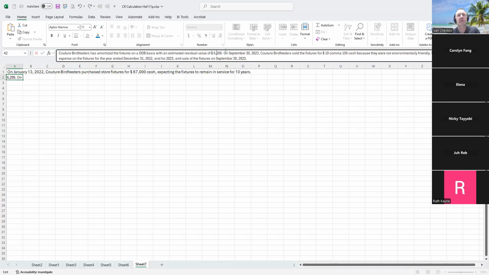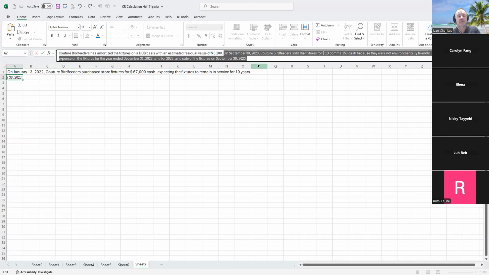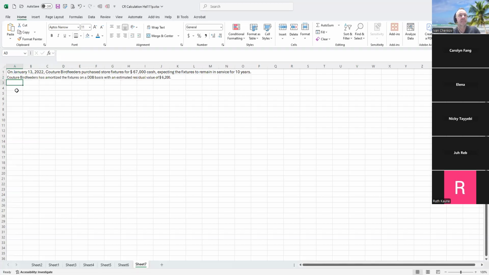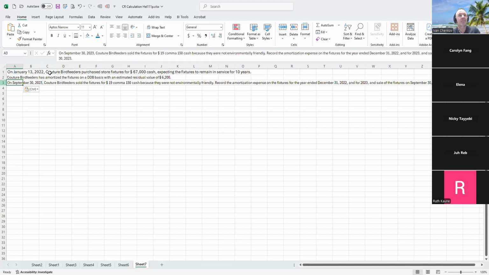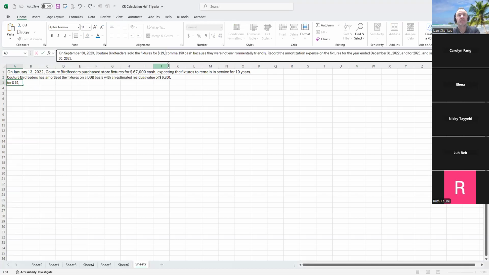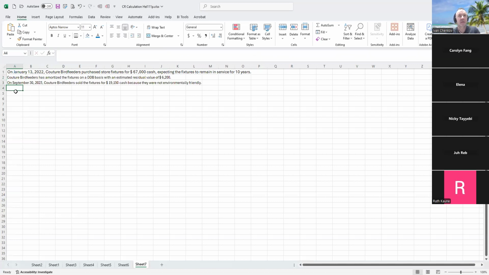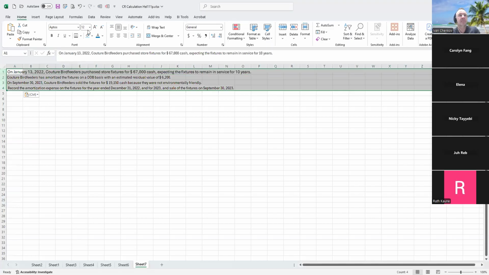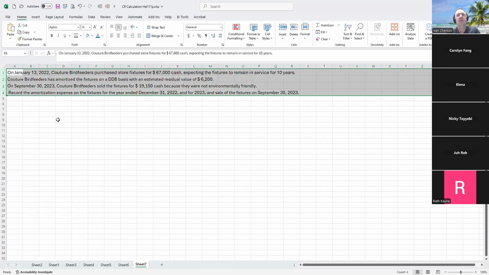When you see something like DDB, what will that be? One divided by the useful life in years times 2. Okay, but what does DDB mean? Double declining balance. Now, how are we going to get that double declining balance? That will be the key here.